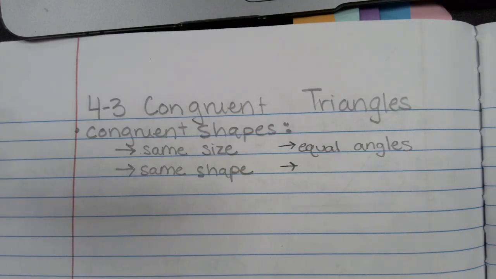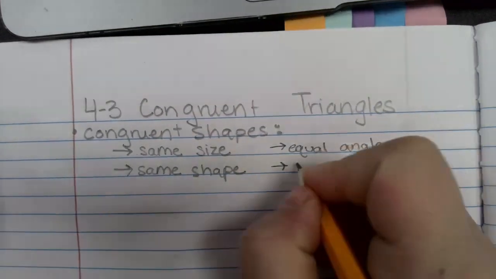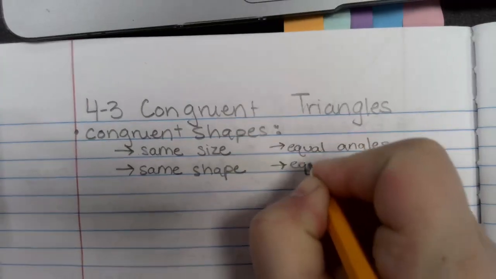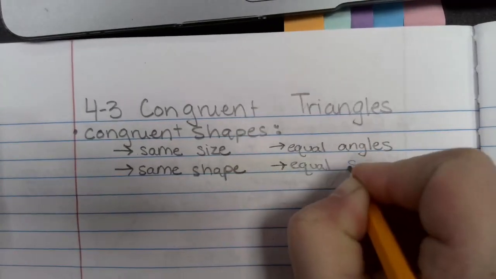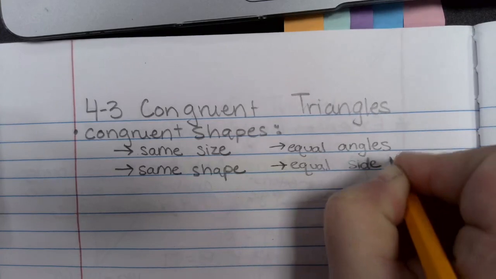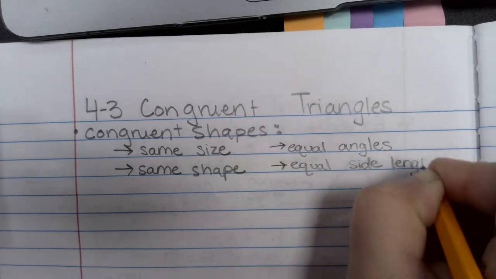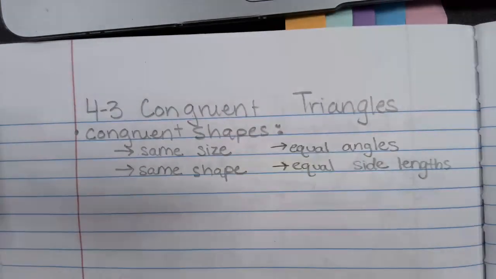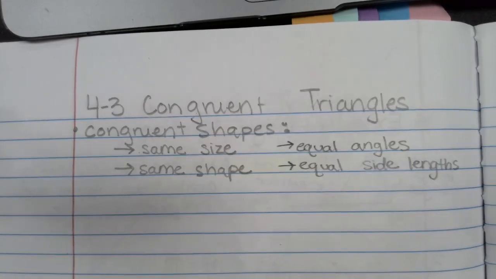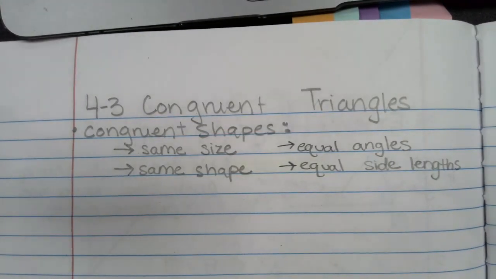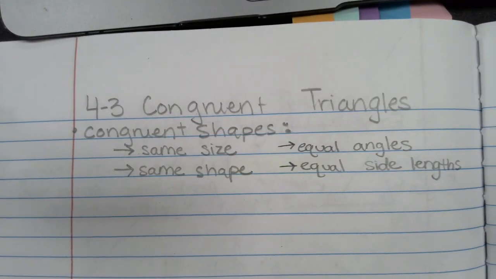And we also have equal side lengths. So everything should match from the congruent parts. From one to the other, there should be some matching.